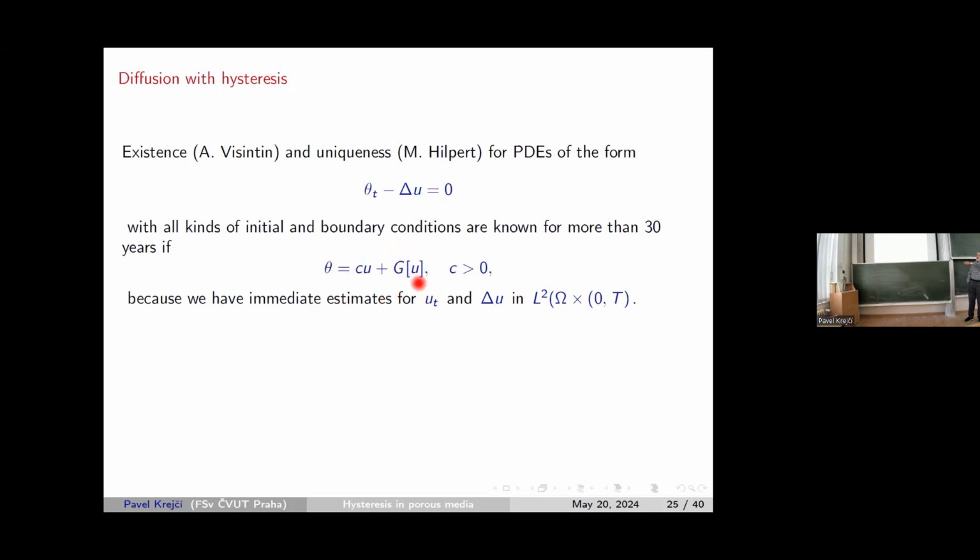It contains the hysteresis operator, the Preisach operator for example, but it contains also a linear part with c positive. This is important, it makes things much easier. You get to test with u_t, you get immediate estimates for u_t, the gradient of u, et cetera.